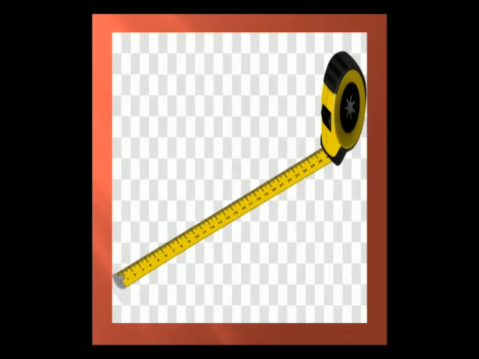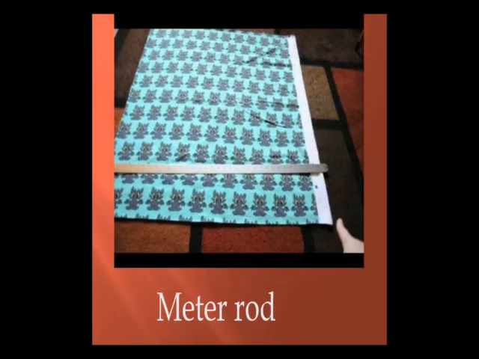And this is a measuring tape. This is normally used to measure the length of a floor, to measure the length of a room. Also, we use a meter rod to measure the length of cloth. You will often see it in the cloth shop, where the shopkeeper is measuring the length of the cloth.